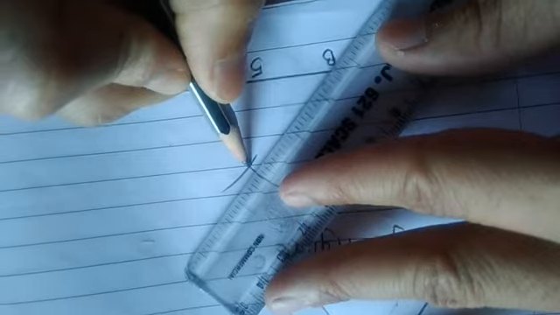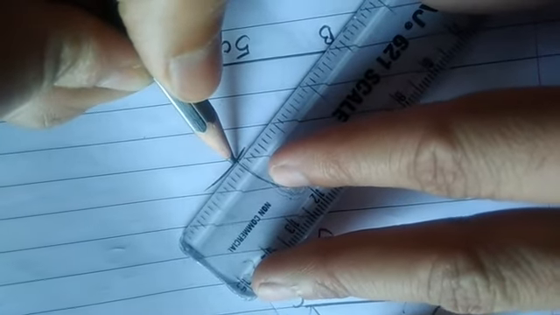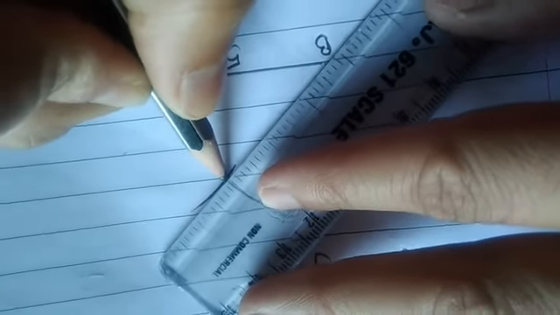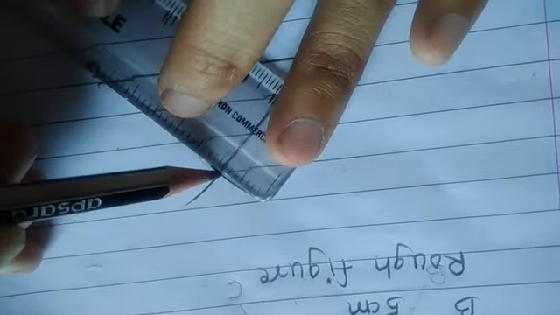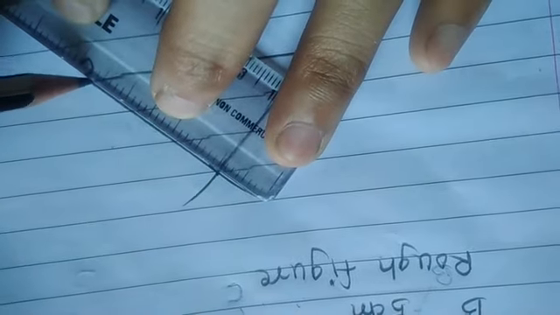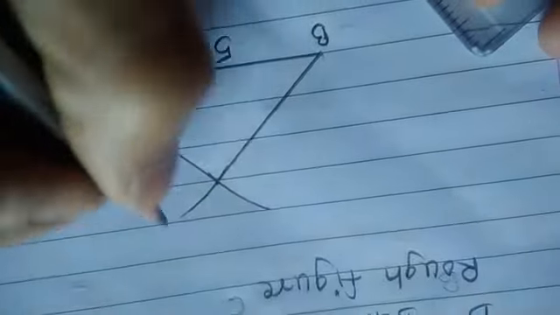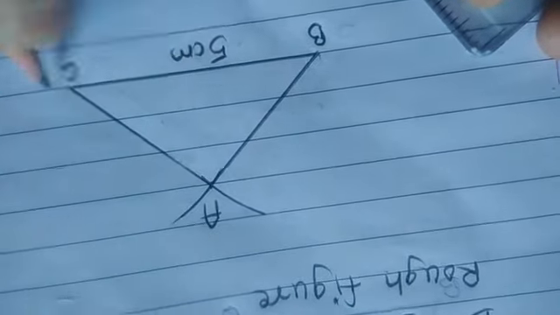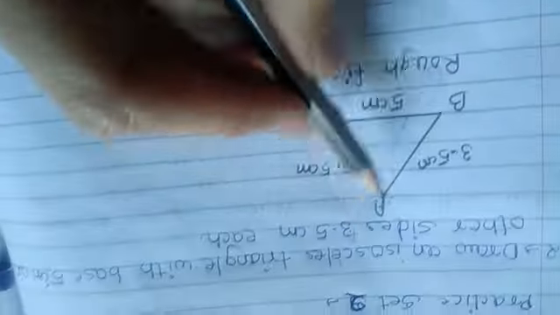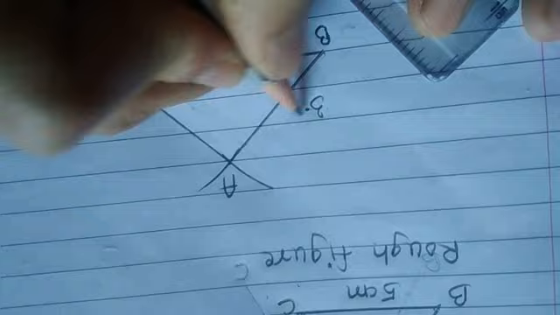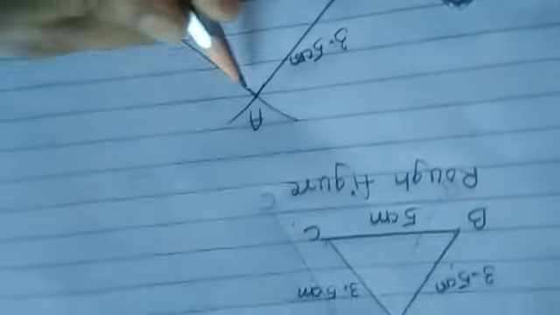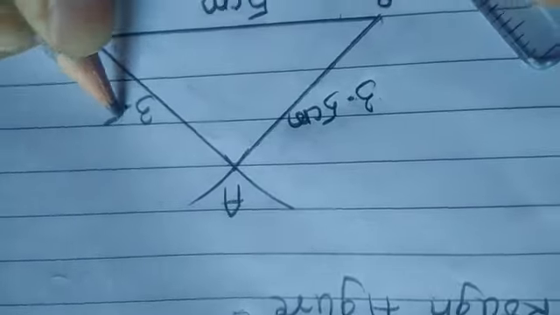Now join these 2 points. So this is triangle ABC. See in the figure, ABC. AB is 3.5 centimeter and AC is also 3.5 centimeter.